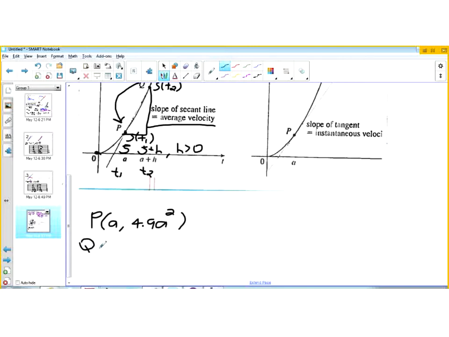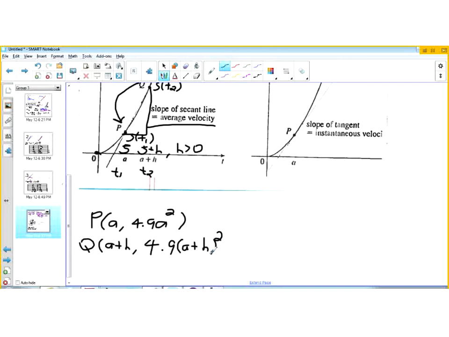And then the coordinates of point Q: the abscissa is A plus H, and we substitute A plus H into our position function, and that would be 4.9 times A plus H squared.